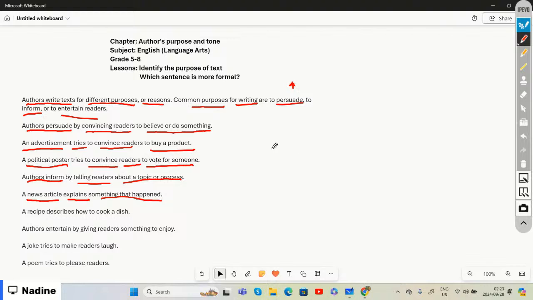And then we also have a recipe book, and a recipe describes how to cook a dish.